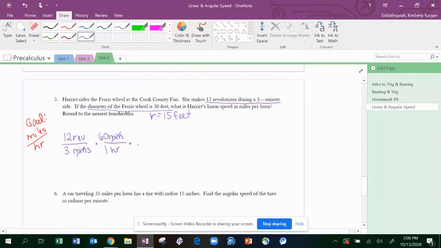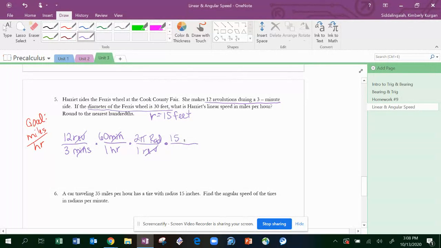So for one revolution, I go through 2 pi radians. So that cancels out my revolutions. Okay, so now I need to get rid of radians, and I need to put it somehow into miles. But I'm only given that radius of 15 feet.